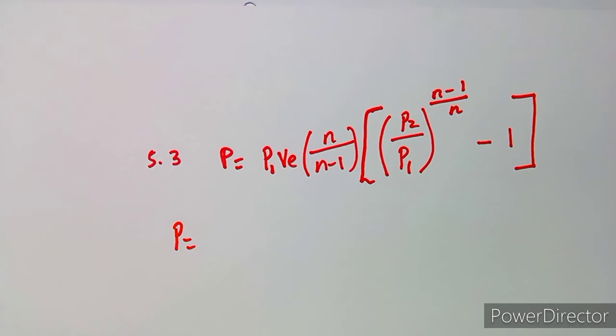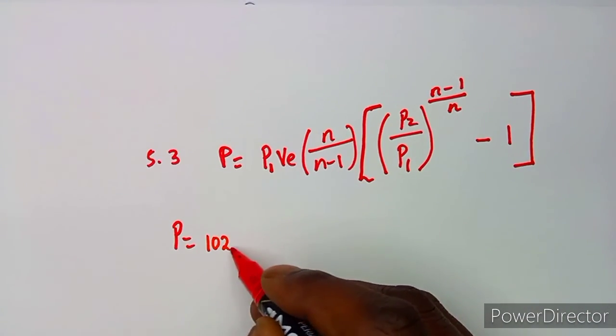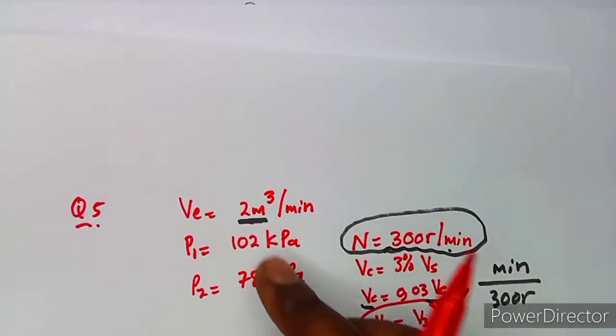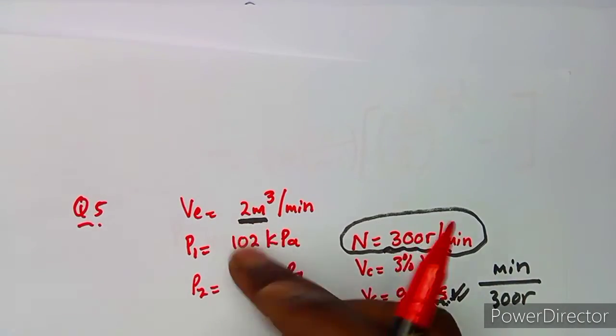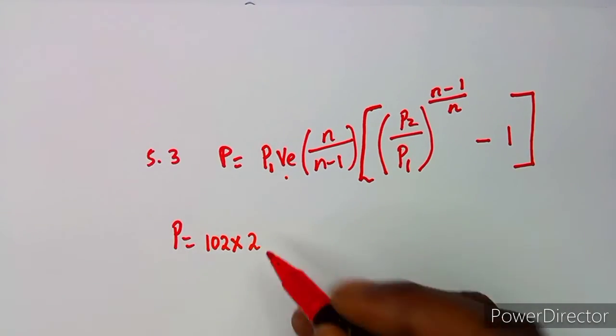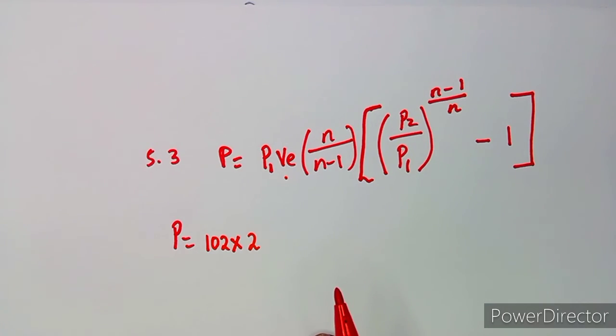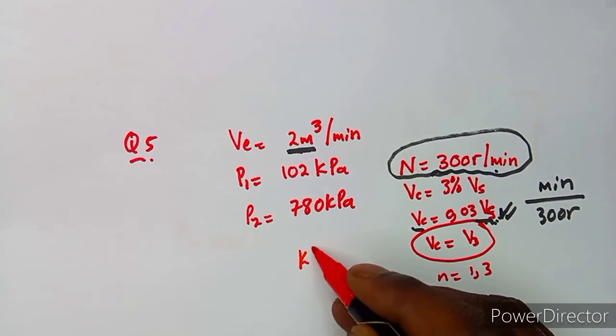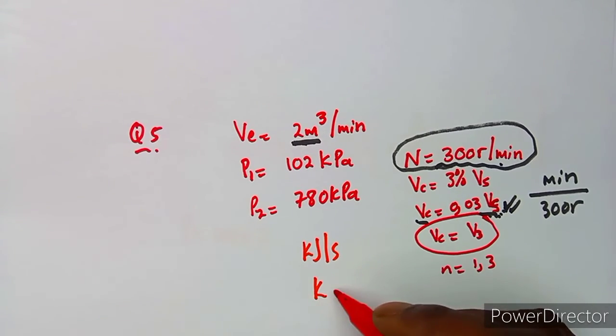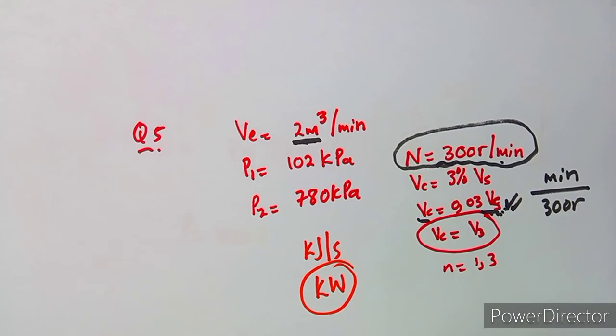P1 is our pressure, which in this case is given as 102. So that's 102 times VE, the effective volume of 2 cubic meters per minute. But power, remember, must be in kilojoules per second so that it can give us kilowatts.